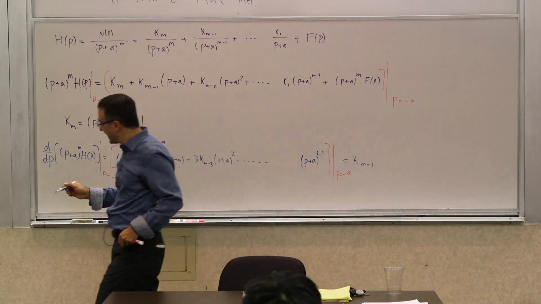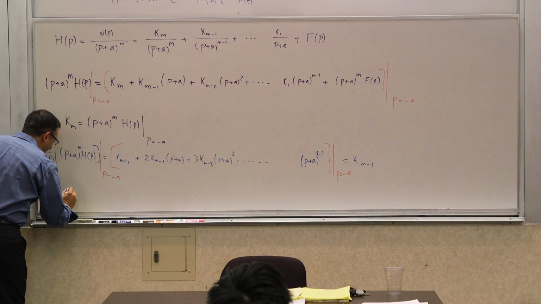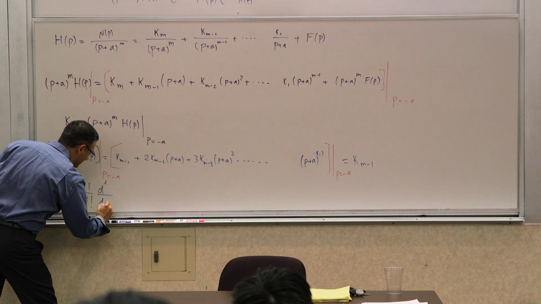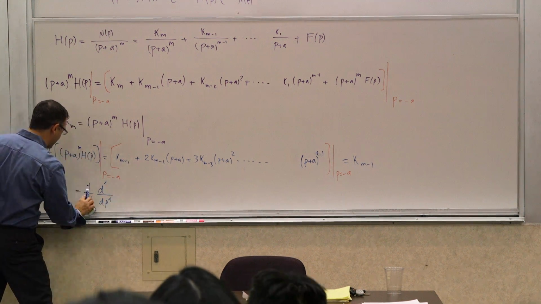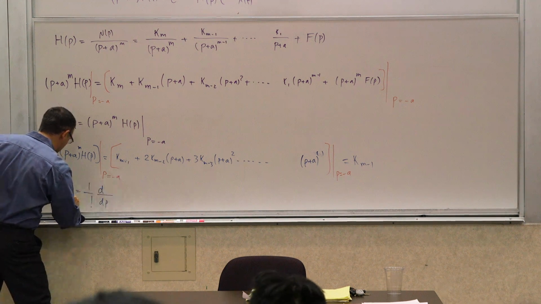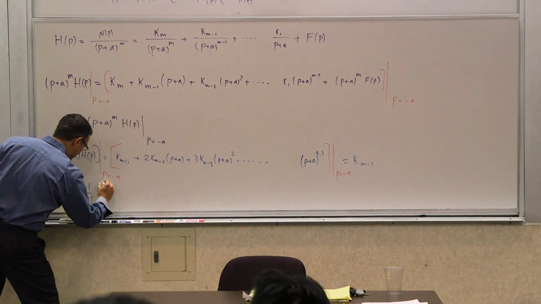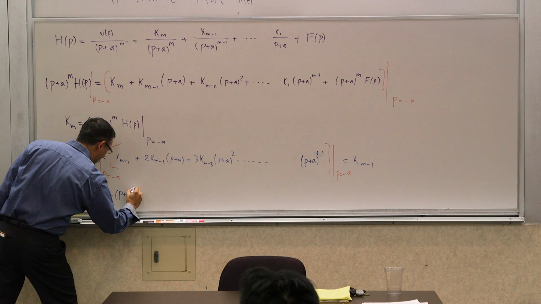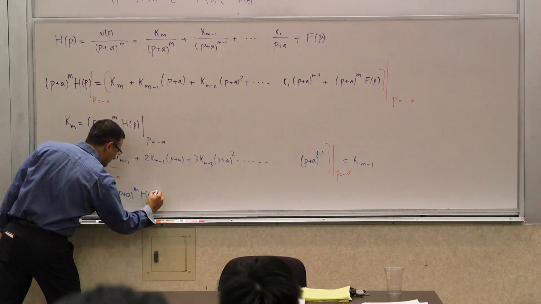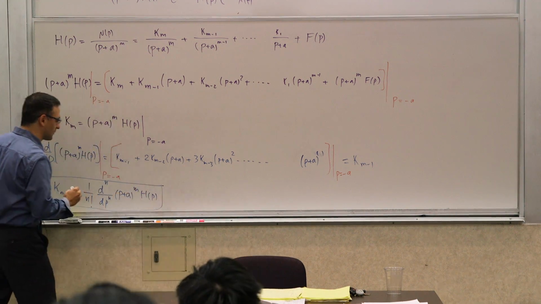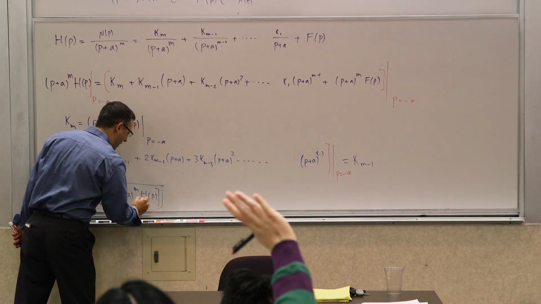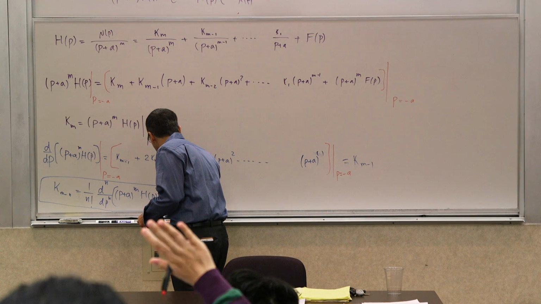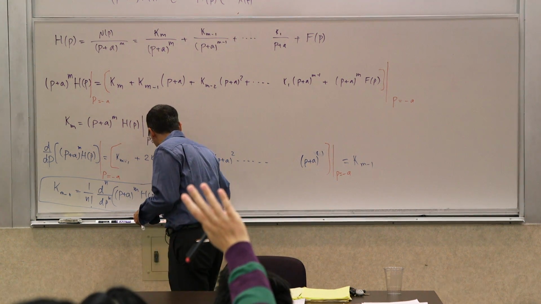And in general, Km minus n is 1 over n factorial, d to the n, dp to the n, of p plus a to the m h of p, evaluated for p equals negative a. I is too loaded in our course, so let's write it as n. That's what it is.